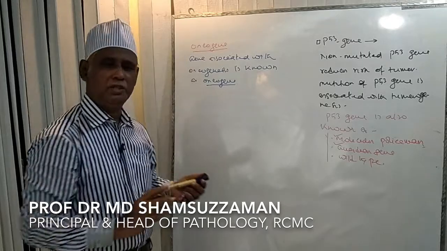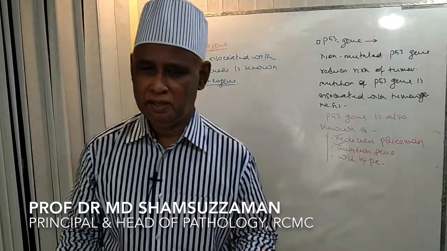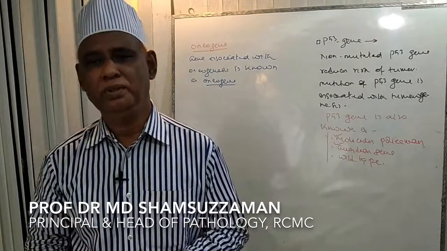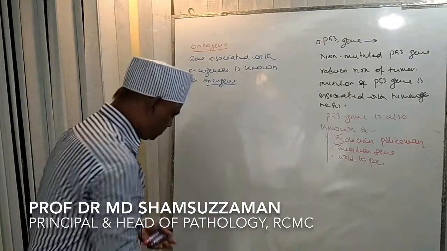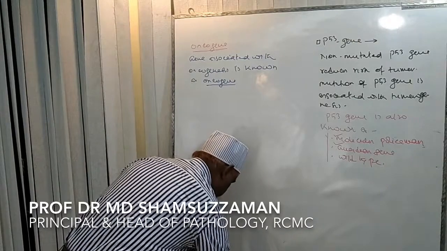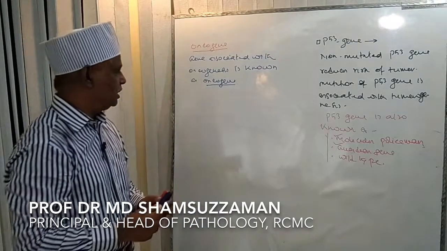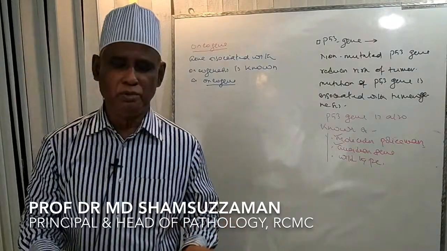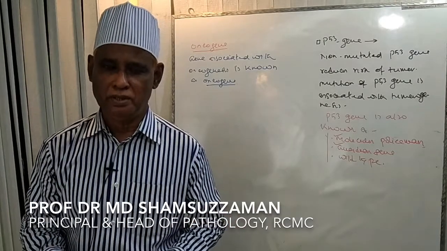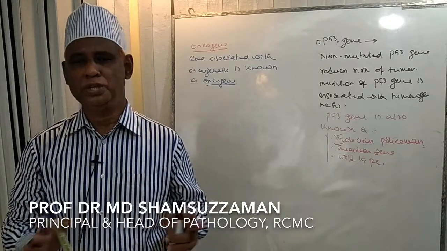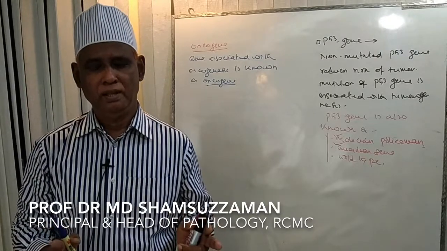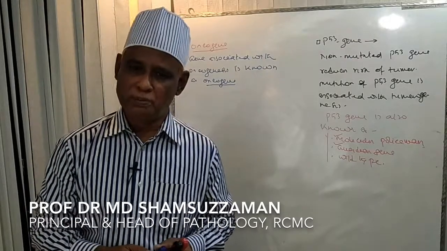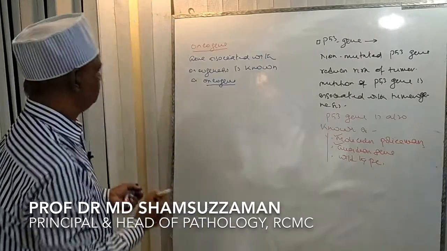So oncogene is not present in our cell, rather proto-oncogene is transformed to oncogene. It is not present in our body or in cell. Proto-oncogene that is present in our cell is transformed to oncogene.